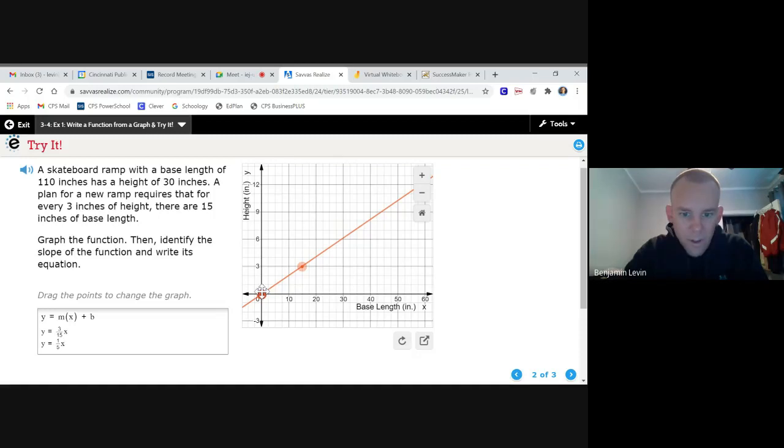Because this is tens, so this is 5, 10, 15, 20. Up 1 over 5, up 2 over 10, up 3 over 15, up 4 over 20. And it seems like our line is holding true. So this right here would be a correct answer for the equation of this line. y equals 1 over 5 x.